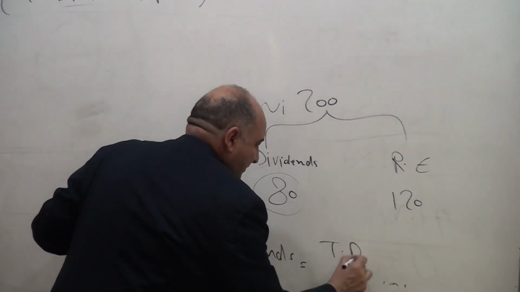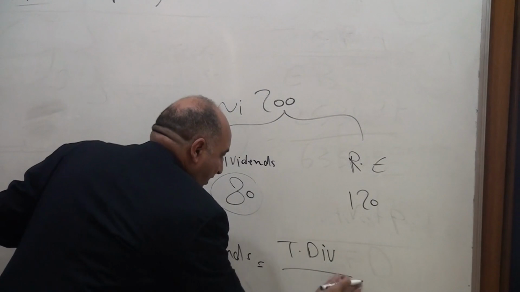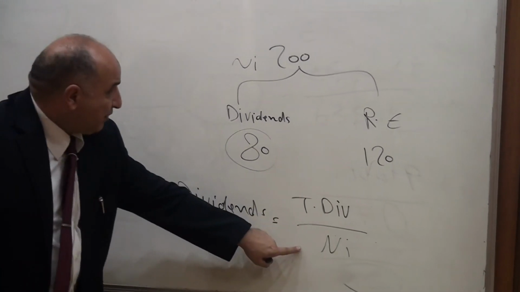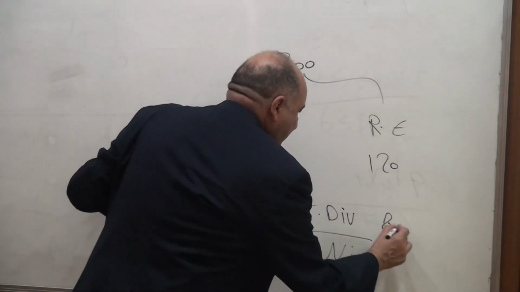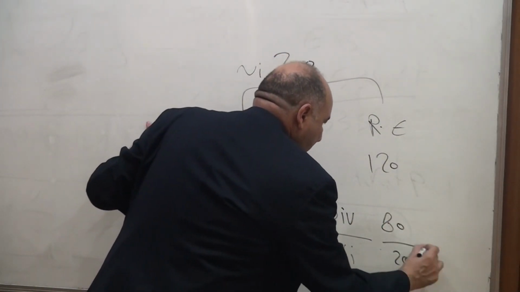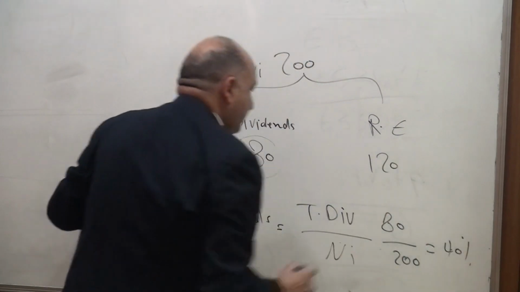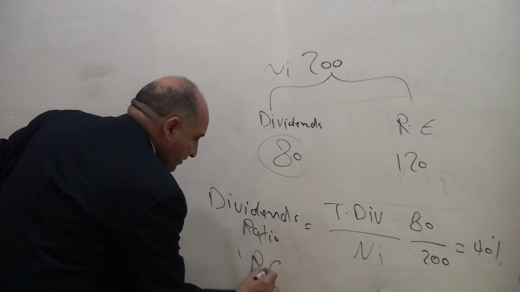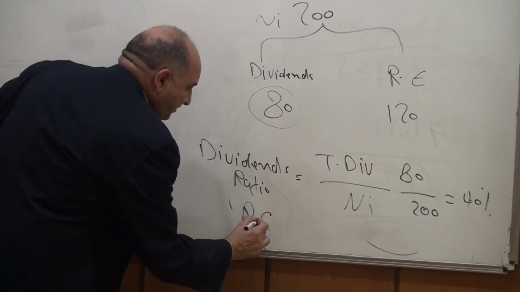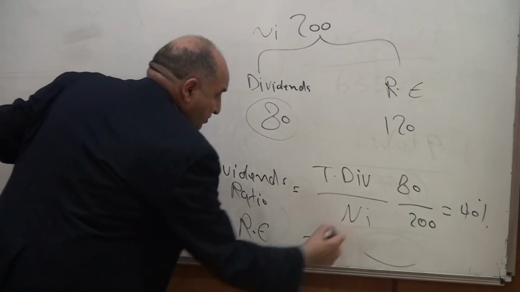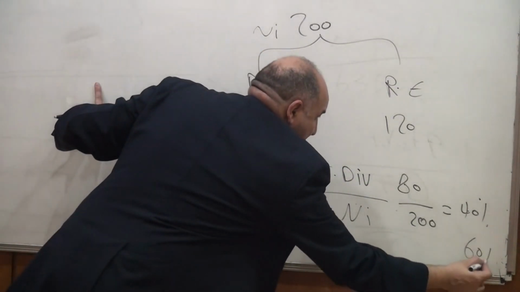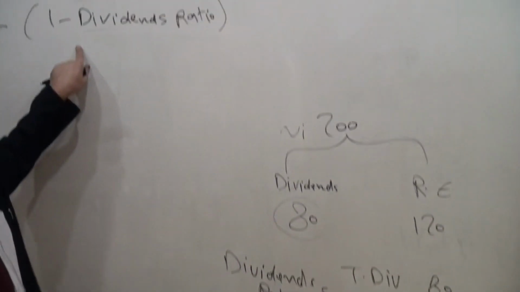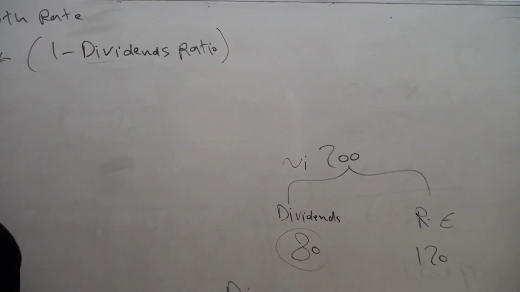Total dividends divided by net income. Total dividends 80 divided by net income, which is 200, it is 40%. The retention ratio, or retained earnings ratio, will be how much? 60%, which is 1 minus 40%. This is why we call it the retention ratio. Okay.